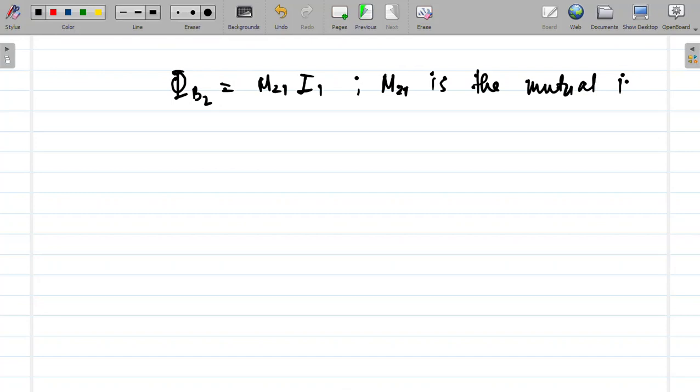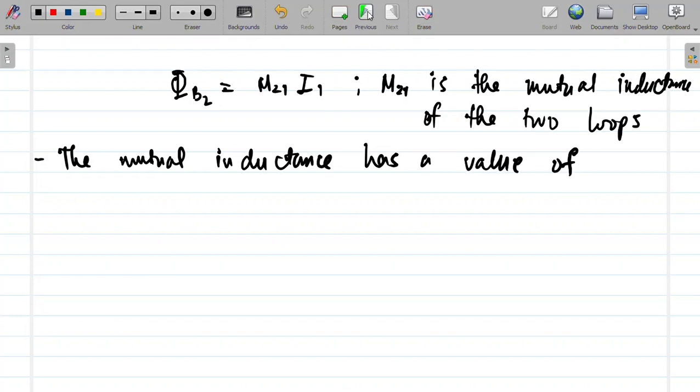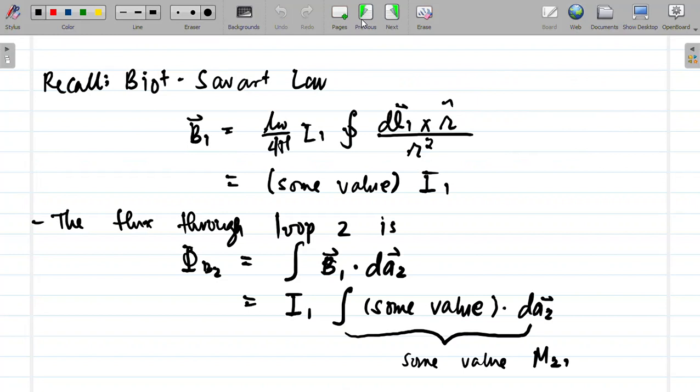So this is the mutual inductance of the two loops. Ingay ng mga aso dito sa amin. Of the two loops. Ayan. And isulat ko lang, yung mutual inductance natin, may value yan. Itong una, yung some value na una, isang integral.